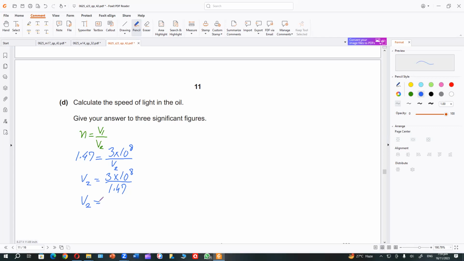Let me check what is there. 2.0408, 2.04 times 10 power 10. Something is wrong. How can 10 power change? 10 power should not change. Wait, no, no, 10 power 9, 10 power 9.